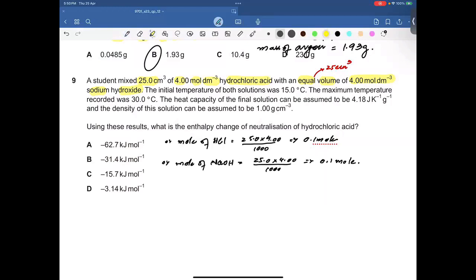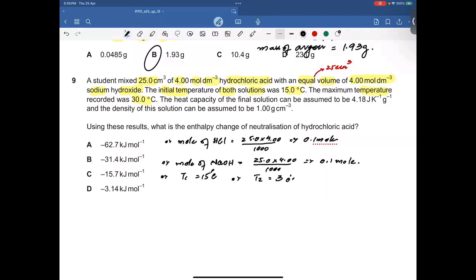The initial temperature of both solution was 15 degrees Celsius. So T1 was 15 degrees Celsius. The maximum temperature reached was 30 degrees Celsius. So T2 is basically 30 degrees Celsius.